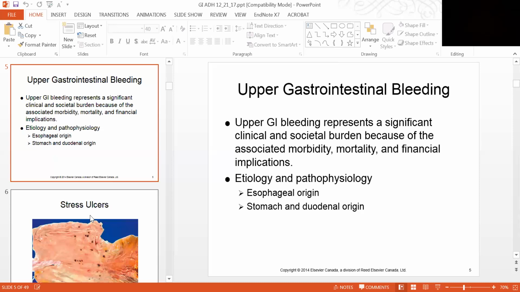So if it's from the upper GI tract, it will actually be expelled from the body as what we refer to as melena stool. It would be that black, tarry stool. And that black tarry stool is really, again, a significant finding, and that is concerning that this patient is actively bleeding in the upper GI tract.